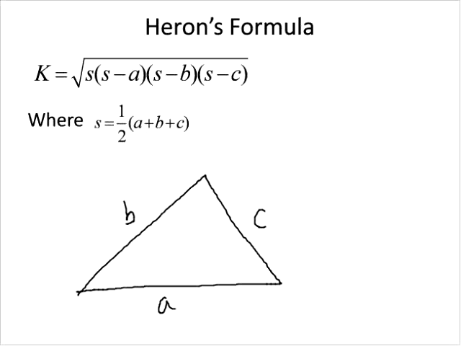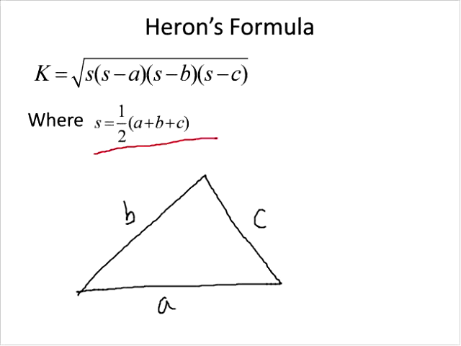I have to know those three sides, and the area is the square root of S times S minus A times S minus B times S minus C. But S is called the semi-perimeter. The semi-perimeter here is just half of the perimeter.